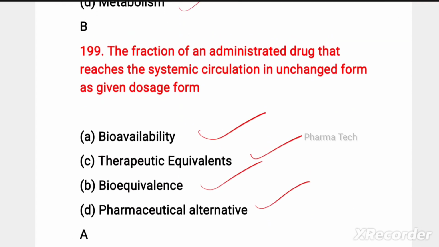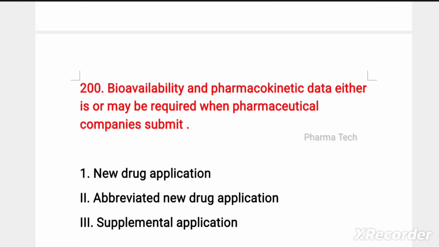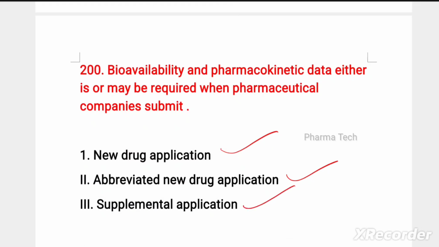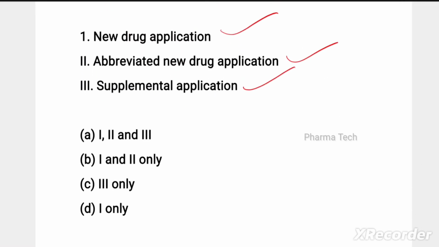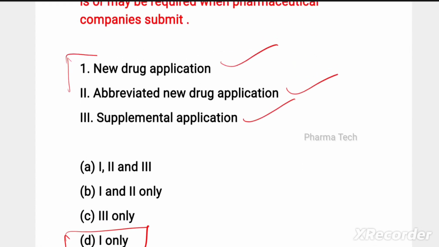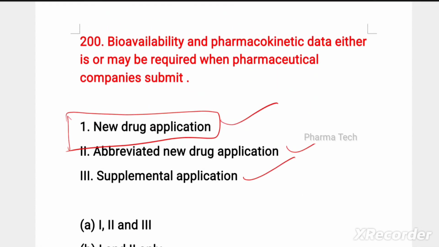Answer is A, bioavailability. Last question, bioavailability and pharmacokinetic data either is or may be required when pharmaceutical companies submit. Options are new drug application, abbreviated new drug application, supplemental application. Answer is D, new drug application.